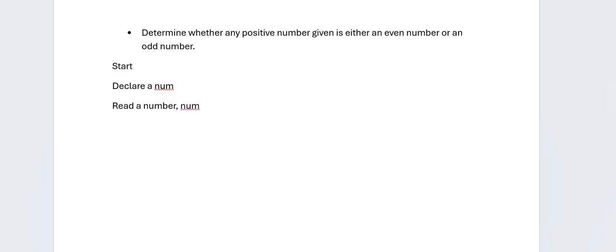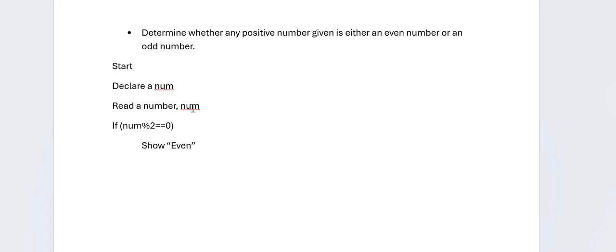And then if num, you can put brackets also if you want, num modulus 2 equal to 0. You can write display, print, or show also can. Show even. You can write show, display, print, anything referring to output.